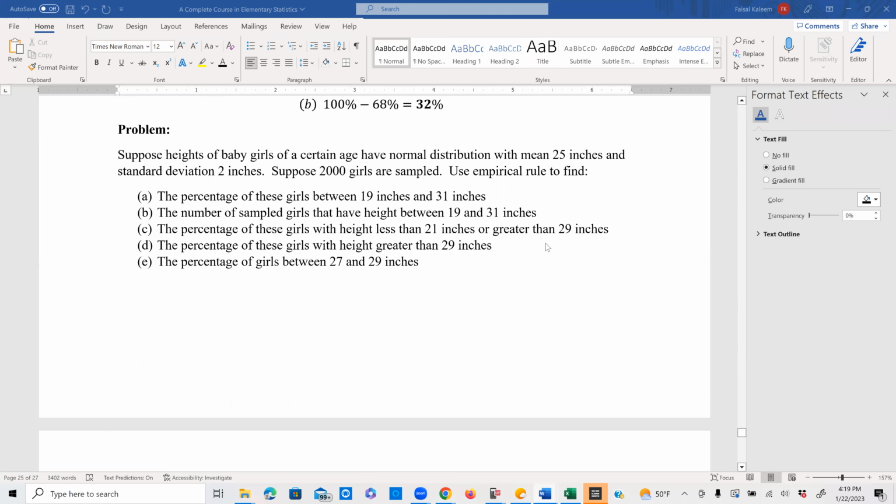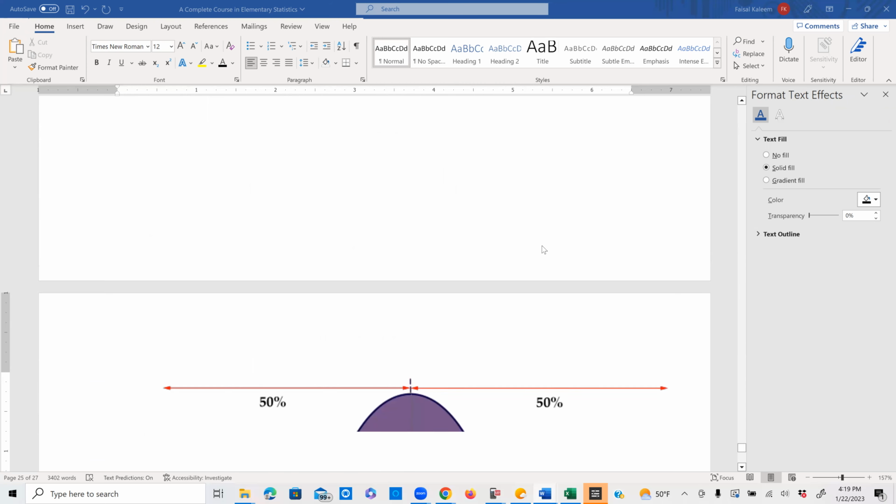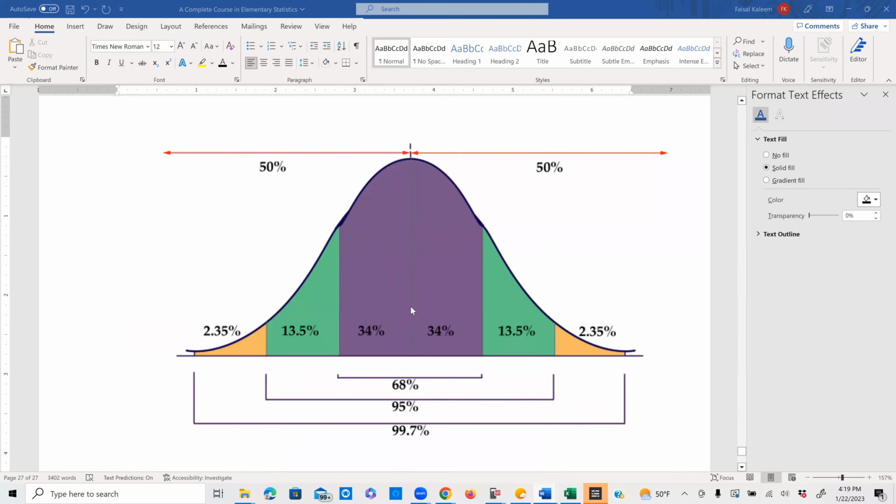So we can look at another picture which describes these areas in a more colorful way. So we have 68% if you go one standard deviation here and negative one standard deviation. So the total area is 68%, and remember, mean is always in the middle of a normal distribution. So this is mean minus sigma, and this is mean plus sigma, and that is 68% area total.